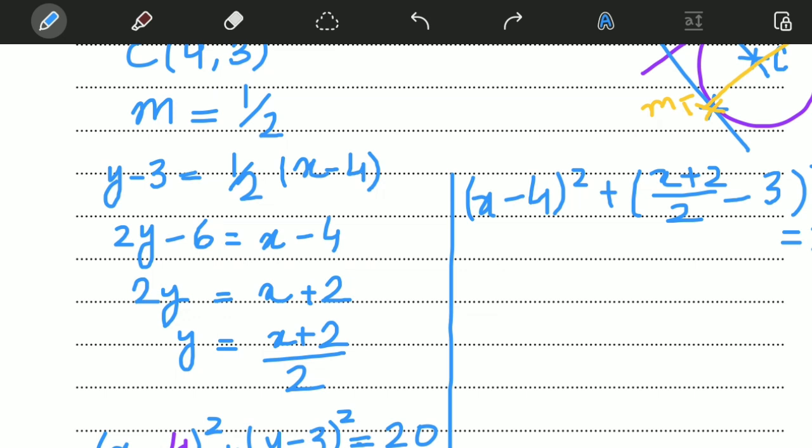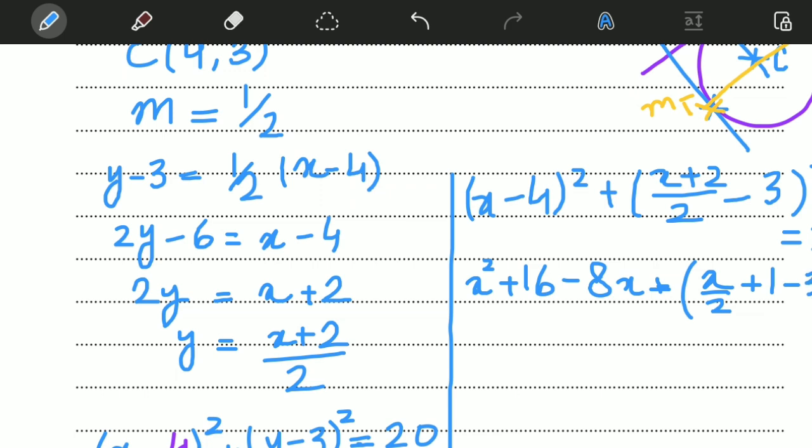So this will become x square plus 16 minus 8x. So the other side will become (x by 2 plus 1) minus 3.